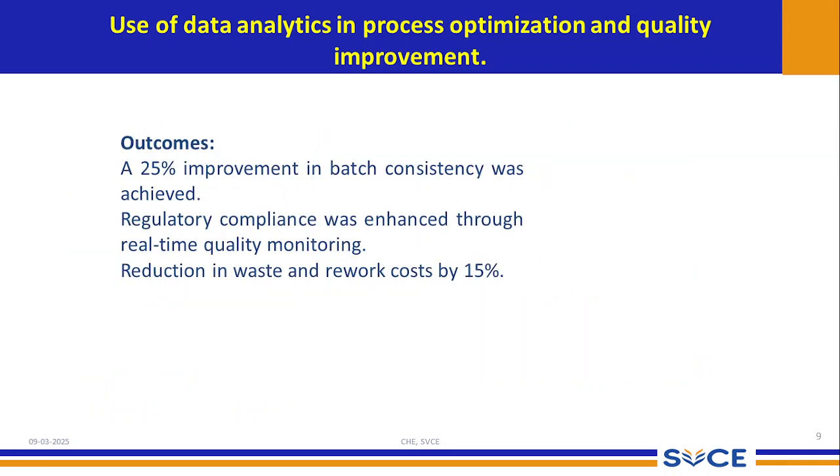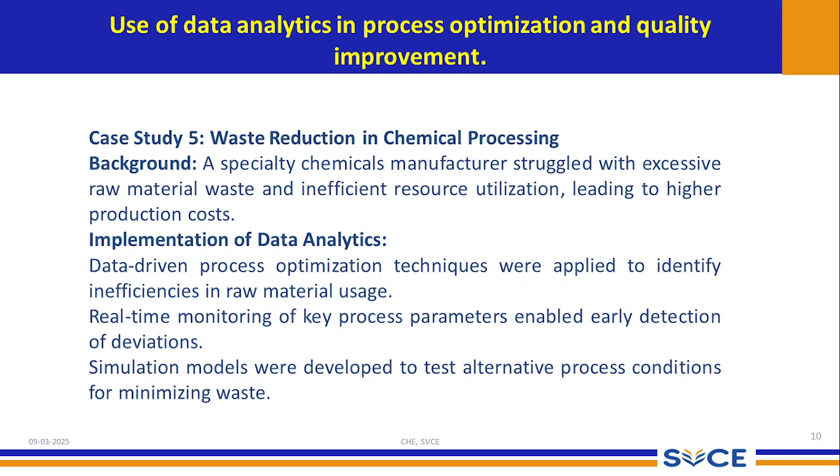Using machine learning, a 25% improvement in batch consistency was achieved in this case study, regulatory compliance was enhanced through real-time quality monitoring, and waste and rework costs were reduced by 50%.